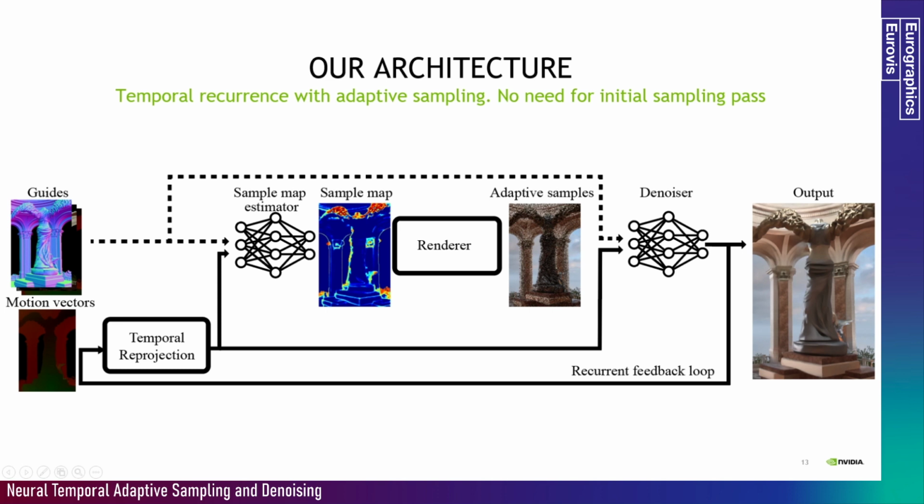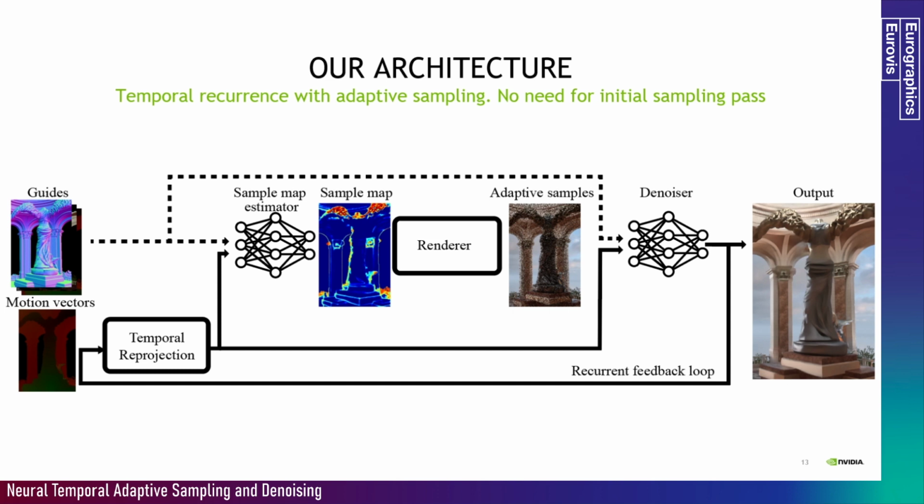The big difference between this and previous work is that we have no initial sampling pass. Instead, we feed the sample map estimator with just G-buffer guides from the current frame, such as normal, depth, etc., and the final denoised output of the previous frame, but temporally reprojected to the time of the current frame.